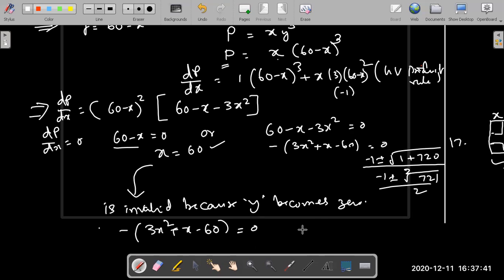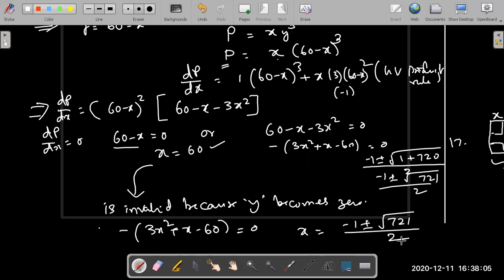So by formula, x is equal to minus 1 plus or minus square root of, 4 into 60 is 240, 720. So this is 180 into 4, 720. That's correct. So 721 divided by 2.